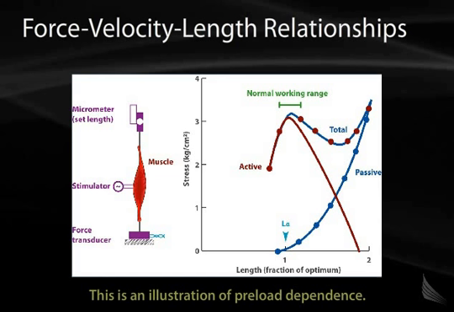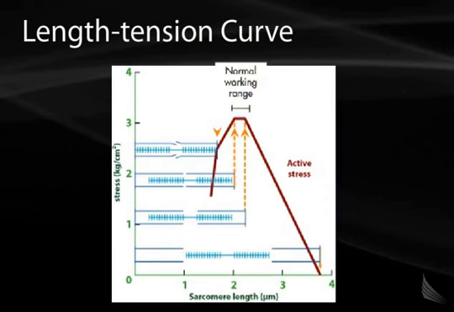Again, actin overlapping with myosin, the two of them interacting, and the sliding filament hypothesis creating tension. The reason there is an upside down U shape, such that there is a middle range of maximum contractile force and an upper and a lower range with less contractile force, is because of the orientation of actin versus myosin at these various lengths.